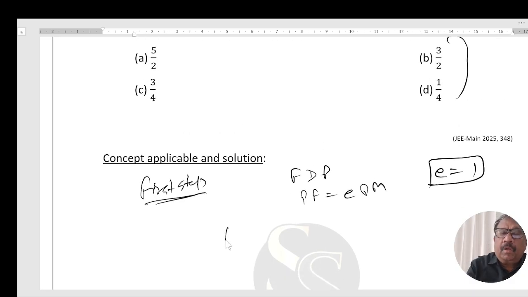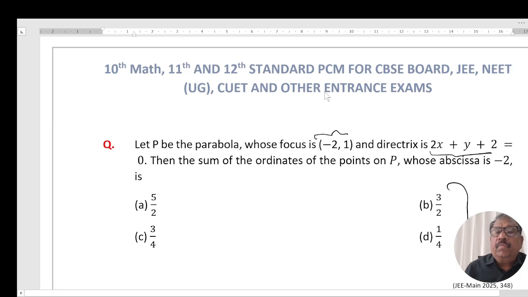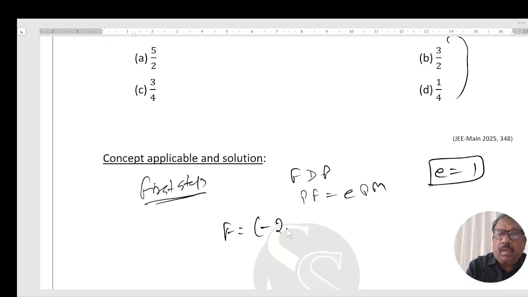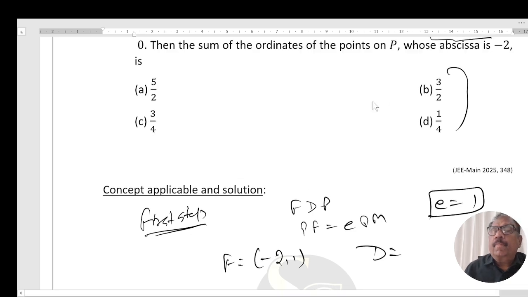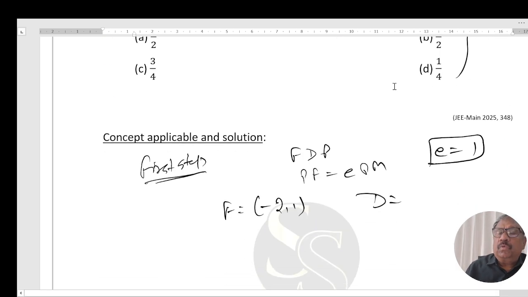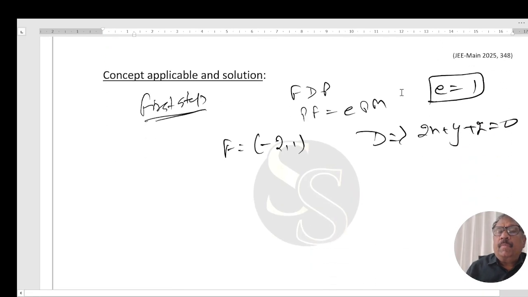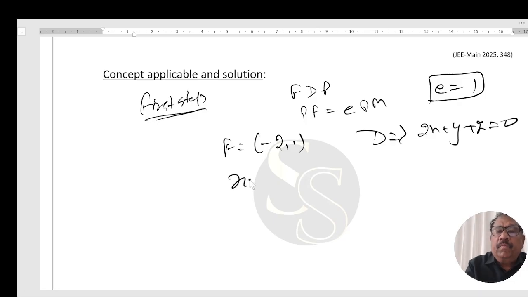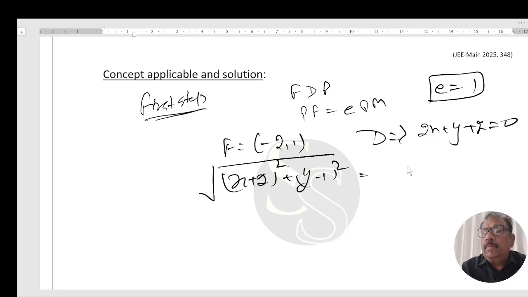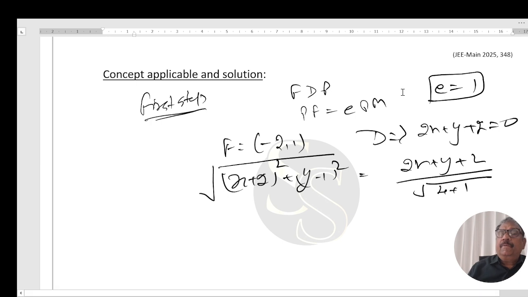Focus is given to you, (-2, 1). Directrix is given to you, 2x plus y plus 2 equal to 0. PF is under root of (x plus 2) whole square plus (y minus 1) whole square, equal to (2x plus y plus 2) over under root 4 plus 1, that is root 5.